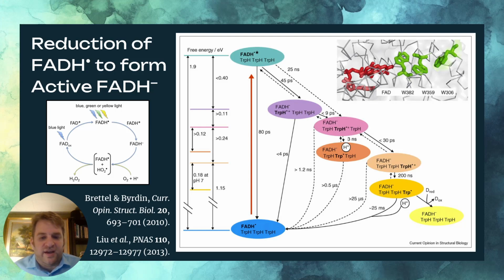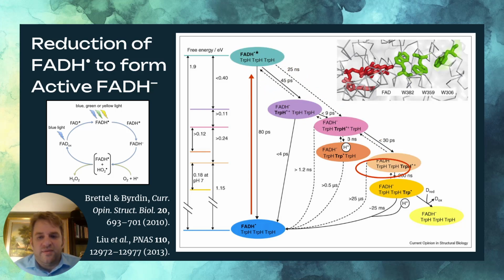I will circle that state in red, and when it absorbs a blue, green, or yellow photon, it can be activated to the FADH radical excited state. And now that state quickly reacts in an electron transfer cascade with the tryptophans in the so-called tryptophan chain in the enzyme.